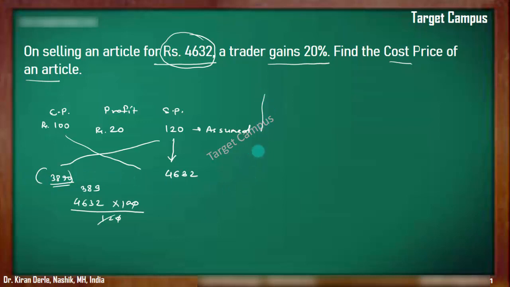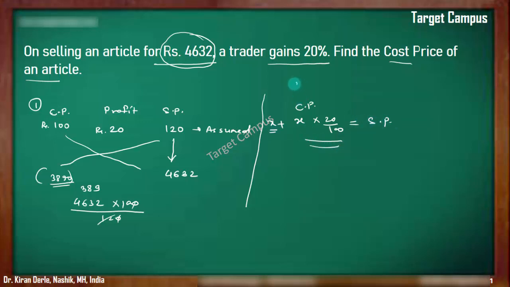This is one method of doing it. Another method: let's say the cost price of the article is X, and he's getting a profit of 20%. So X plus 20% of X, that is cost price plus profit, is equal to selling price.